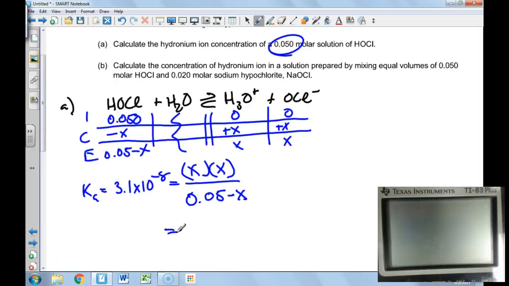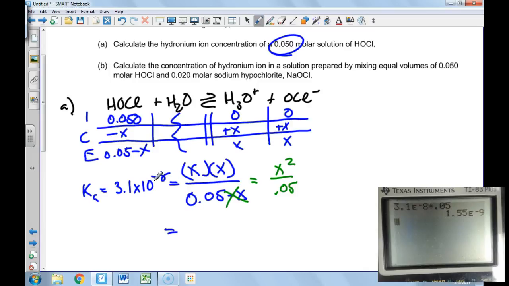And so now we just solve for X. In order to solve for X, we go 3.1 times 10 to the minus 8. Now to do this, we're going to cancel this out because of the 5% rule. So now we have to multiply by 0.05. And then we take the square root because this equals x squared over 0.05.